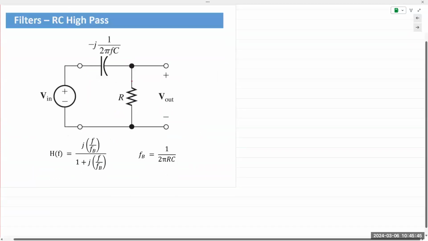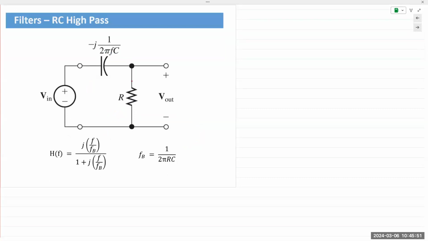The derivation for the equation remains the same. You apply Ohm's law to find the total current flowing through the circuit, and you apply Ohm's law again to find the voltage across that resistor. You'd simply apply Ohm's law, V equals IZ, to find I.